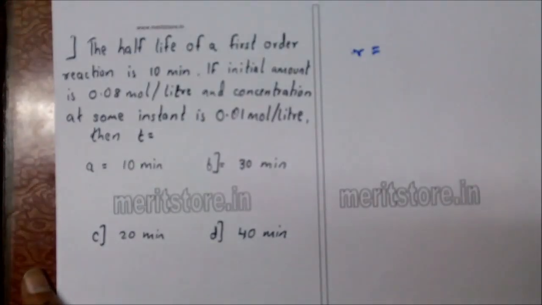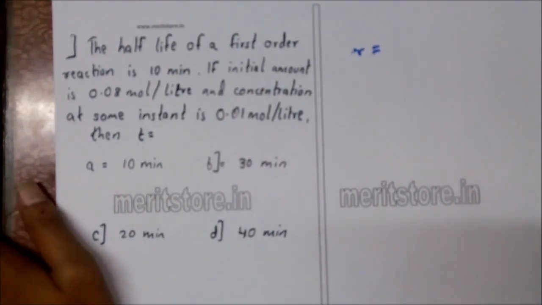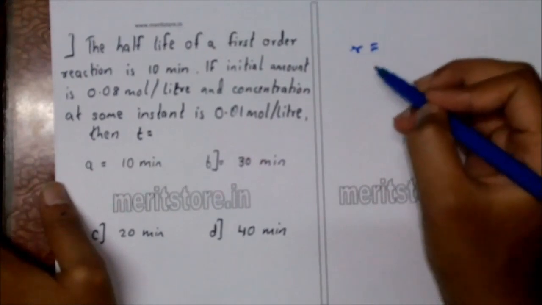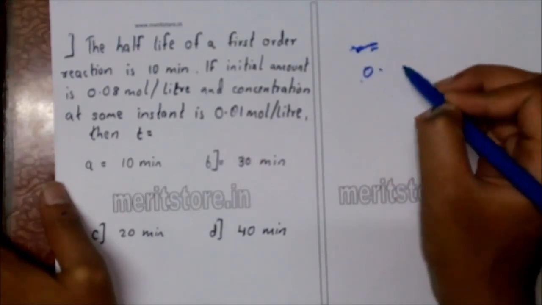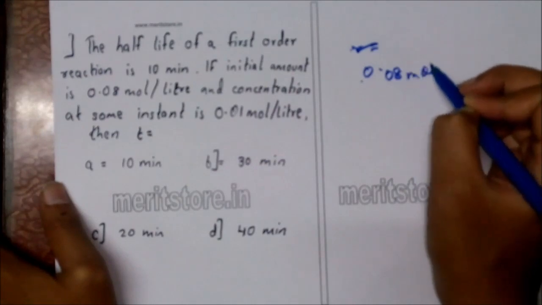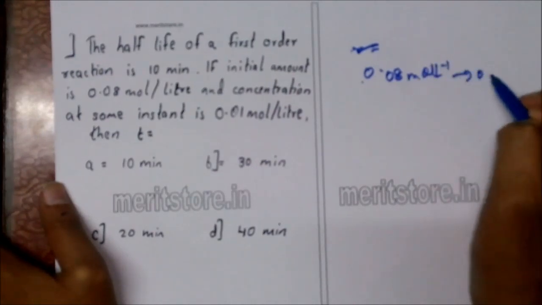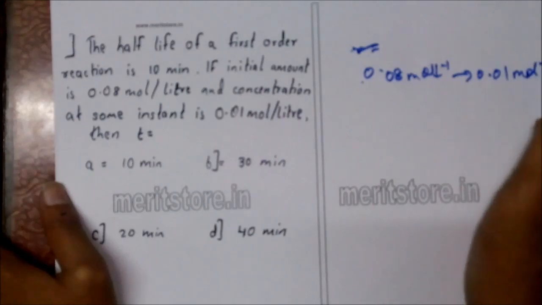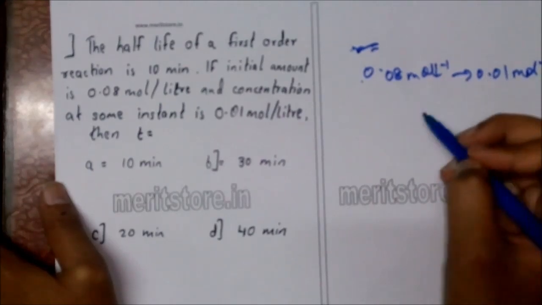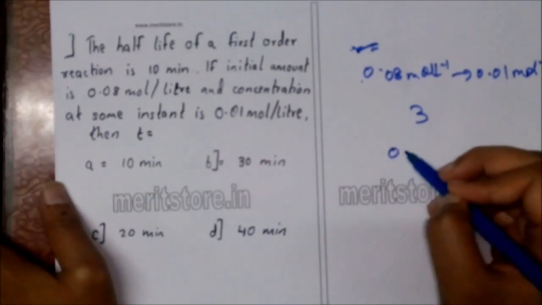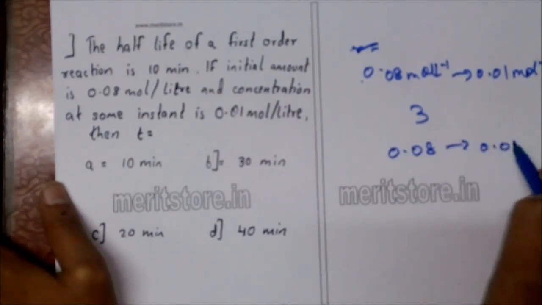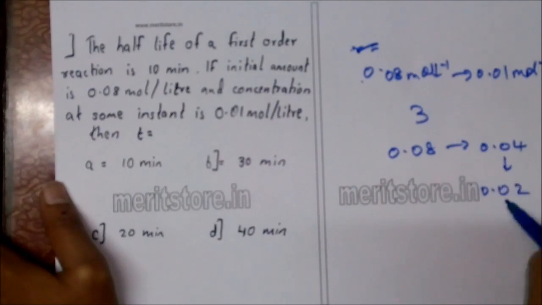The half-life period of a first order reaction is 10 minutes. If the initial amount is 0.08 mole per liter and the concentration at some instant is 0.01 mole per liter, then time t is, as the concentration changes from 0.08 mole per liter to 0.01 mole per liter, there are 3 half-lives, from 0.08 to 0.04, then 0.02, and then 0.01.